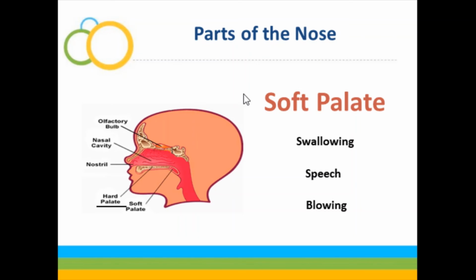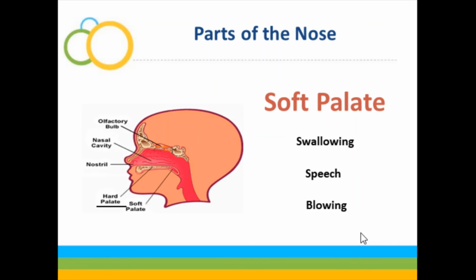Again, the soft palate is responsible for swallowing, speech, and blowing. If there is a problem with the soft palate, there is a 90 to 100% chance of swallowing problems, speech problems, and blowing problems.